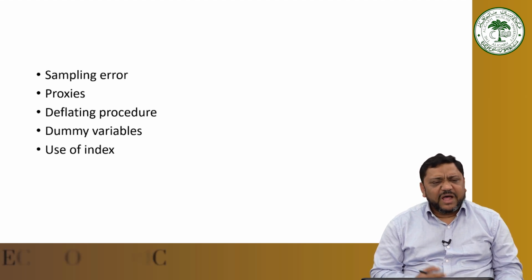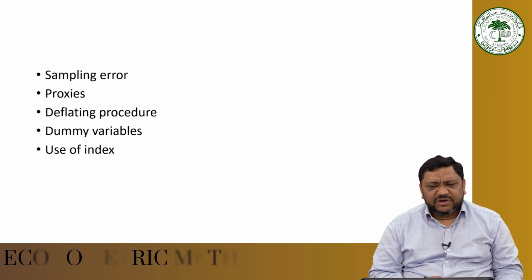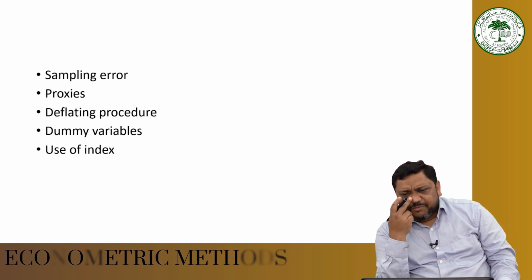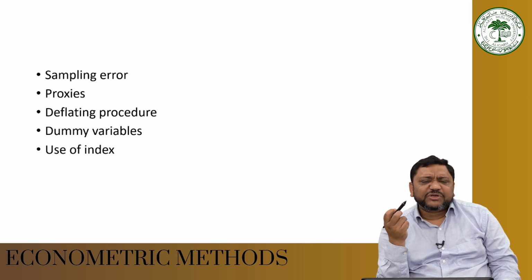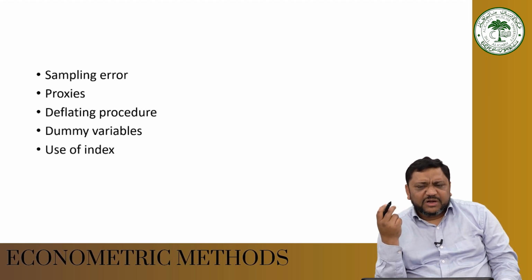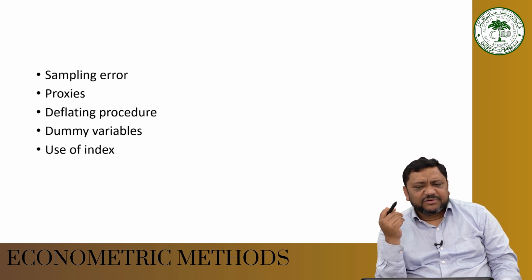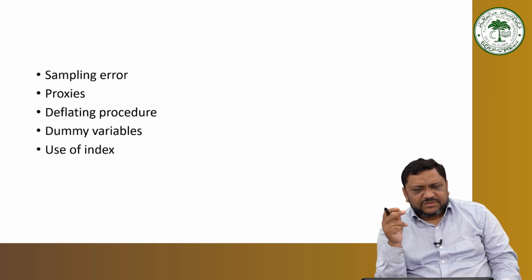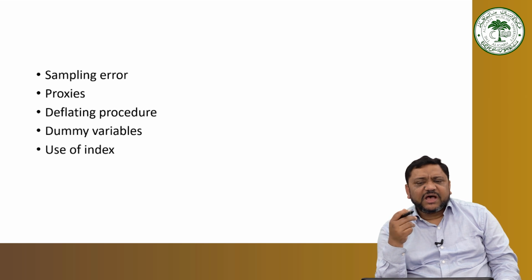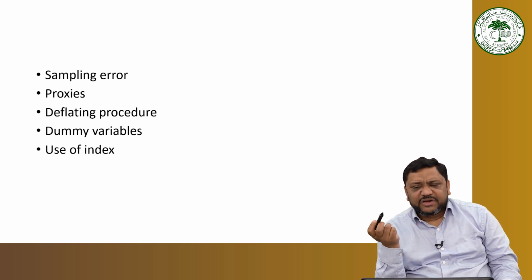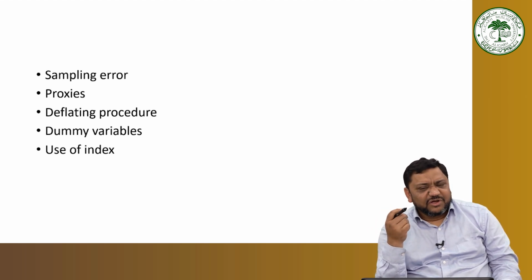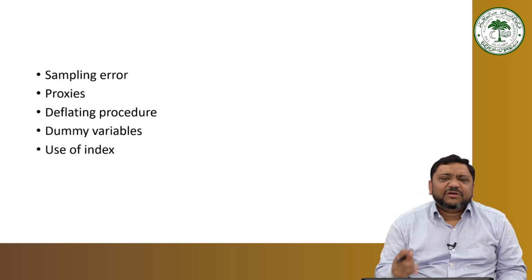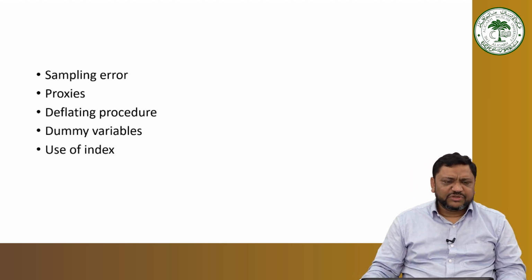Then there is the use of dummy variables. It is common to use dummy variables in a function as an approximation to some explanatory variable. Dummy variables are by their nature subject to error of measurement, since they are proxies for the variables they represent. Similarly, the use of indexes, such as the index of prices, wages, etc., as explanatory variables may contain errors which are bound to be connected with the random term, or the error term.